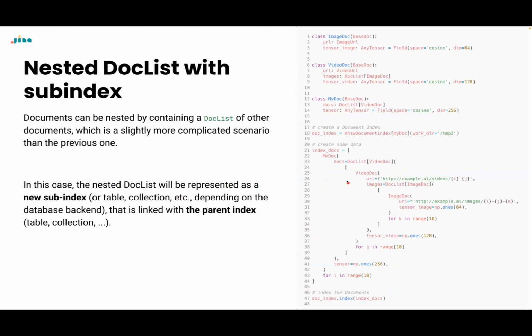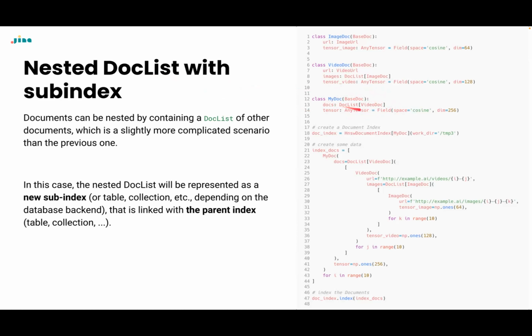Okay, so I think I'm almost out of time, but there is also a doc list that you can use. You can use sub index. This is actually very interesting. Probably worth mentioning here is that if you have this nested structure where one of the fields is actually another doc list, then the indexing could be a little bit more complicated than the plain nested structure that we talked about before, because here is another level of vector database.